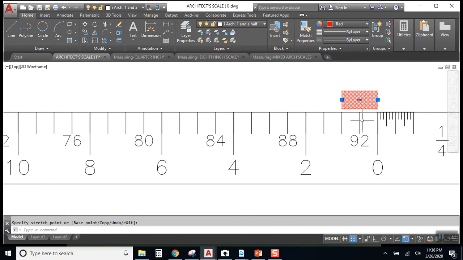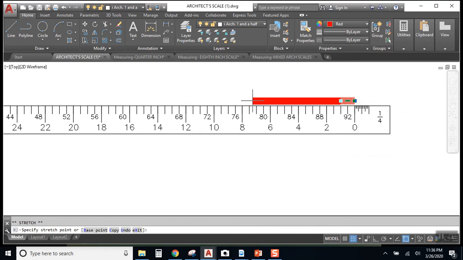So 0, and then right here, 1 foot, and then 2 feet, 3 feet, right? 4 feet, and then 5 feet. It's the mark right in the middle between 4 and 6. So what I want you to see is, even though only the even number of feet are marked, it is very easy to find the odd feet also.